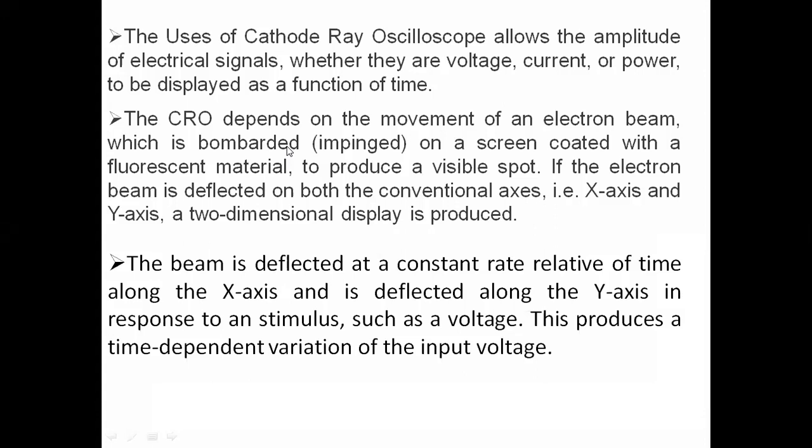The movement of this electron beam, the variation in its direction, is caused by two deflection systems. On the x-axis and y-axis, we have vertical deflection plates and horizontal deflection plates.